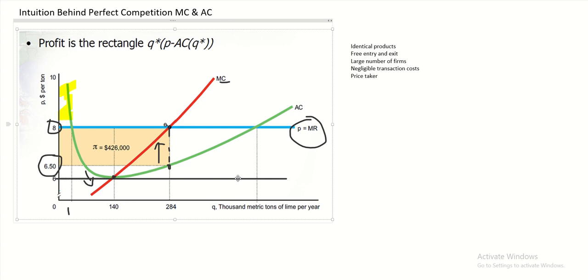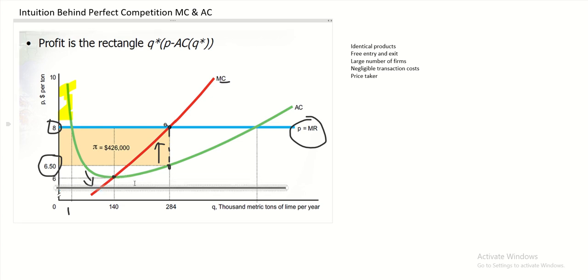Also, it's possible that if too many firms enter the market in the short run, the firms could actually be making losses. So this line could be dragged further downwards, which means the firms are making losses. It's basically this triangle.